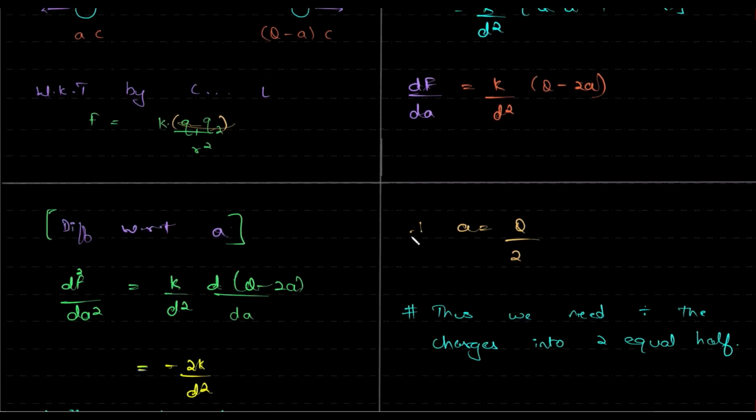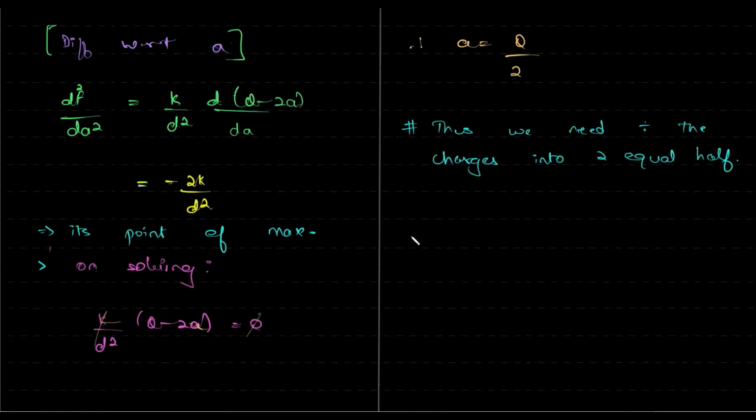There's something called second order differentiation, the second order derivative test. So basically we are differentiating the same thing again and we get a negative answer over here. So this implies that it's a point of maximum.